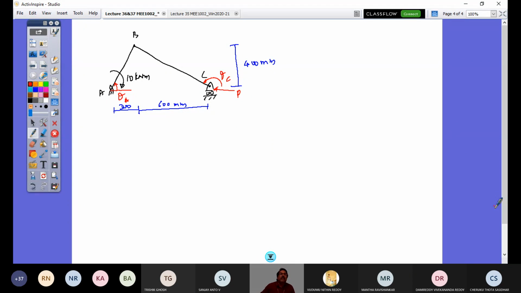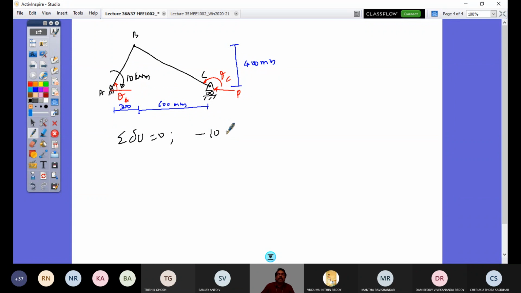Again, it's simple to write a virtual work equation, which says that summation of delta U equals 0. So I have here an active couple, clockwise, minus 10 kilonewton meter. I will substitute in kilonewton itself so that I'll get the load in kilonewton.